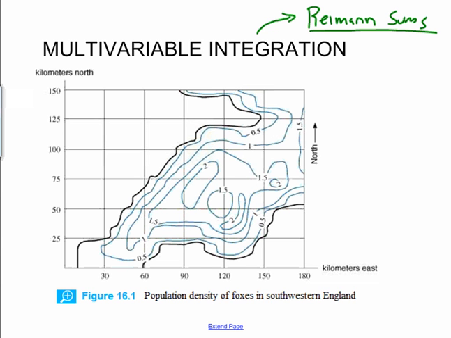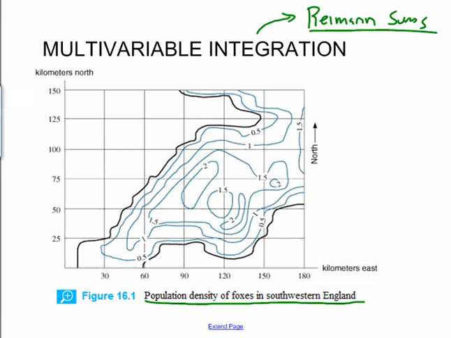We can start using this three-dimensional map as a way to think about Riemann sum approximation. In this, we're looking at the population density of foxes in southwestern England.